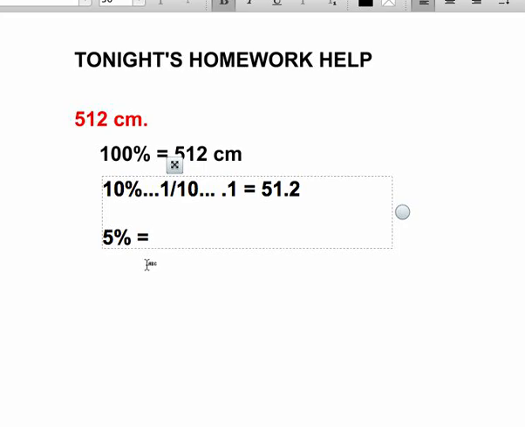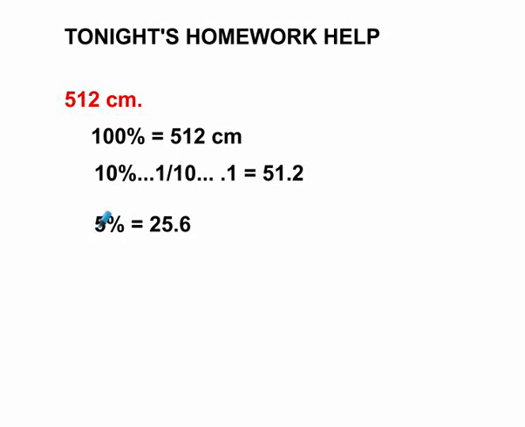In this case, you would have to do a little bit of division. Wait, that's not correct. 51.2 divided by 2 is 25.6. So because 5% would be half of 10%, 5% error brings you to 25.6.